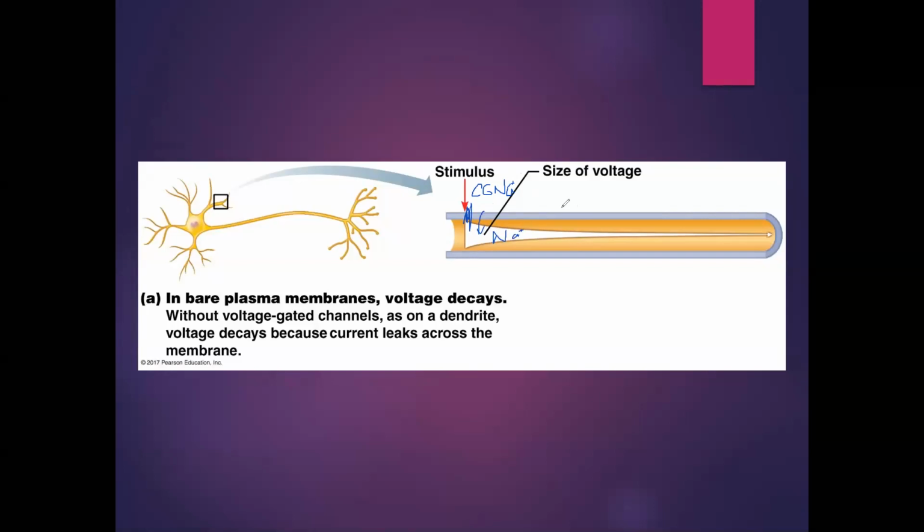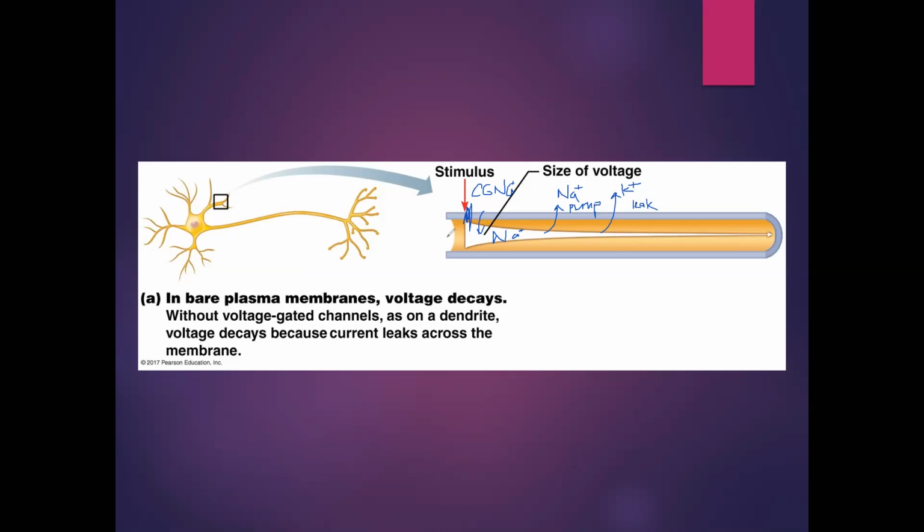But if I don't have any voltage gated sodium channels to boost my sodium levels in here, then what's going to happen? Sodium potassium pumps are going to pump that sodium back out. And because the potassium wants to leak out anyway, this is because of the pump, and this is the leak channel.